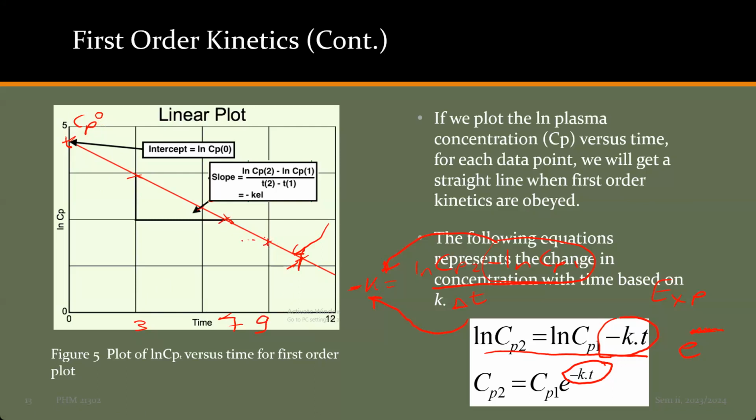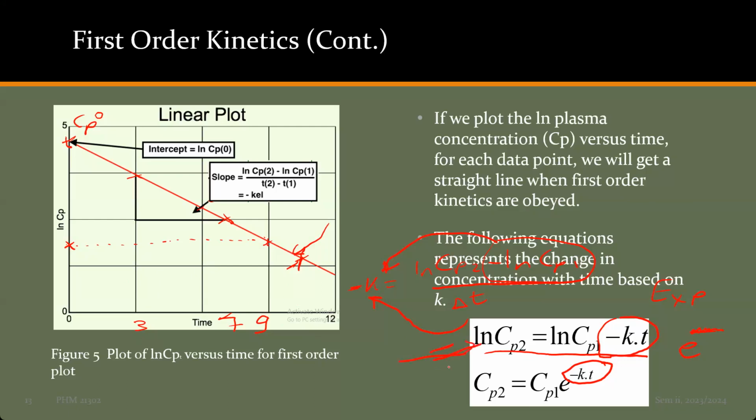You just extend the line here and see the concentration at 9 hours. Okay, from this graph, you will get ln the concentration, not the concentration itself. So just inverse ln for the value. You get the exponent of the value. Then this is the concentration at this time, 9 hours. Okay, and you can do it mathematically using this equation.